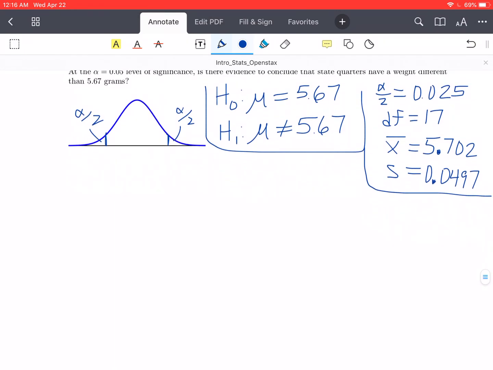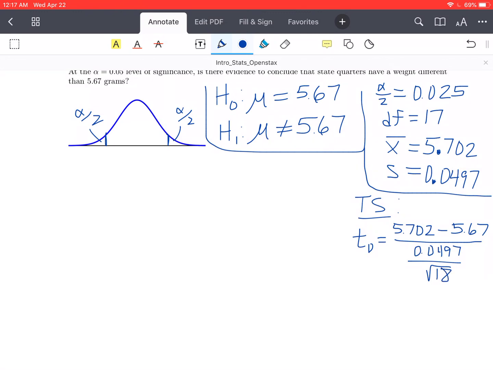So now let's go ahead and get our test statistic. The test statistic we're going to compute similarly to the z-score. So t naught this time is going to be 5.702, so x bar, minus mu, so minus 5.67, over s, 0.0497, over the square root of n, so over the square root of 18.